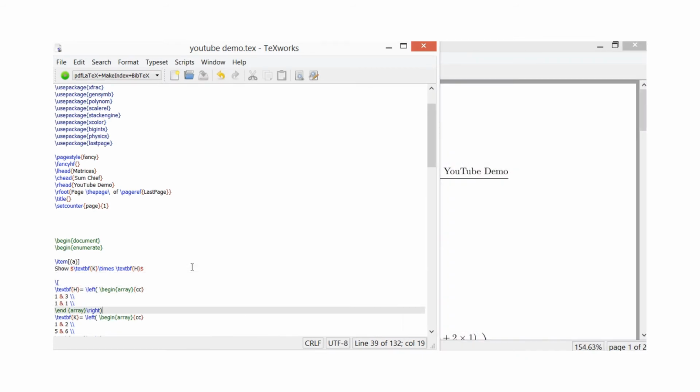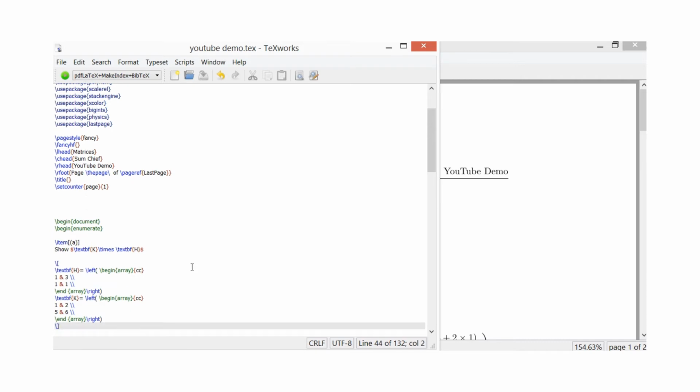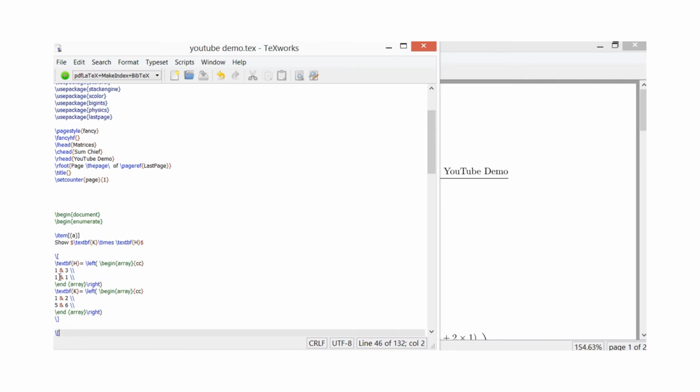And then I've gone for a different method for the mathematics mode. So I've gone for backslash and open square bracket, and then I've closed it off with backslash and closed square bracket. Now to set up the matrix, I've got textbf H, so I'm going to display the H in capital letters, equal sign, and then I've gone for left parenthesis, which is here.